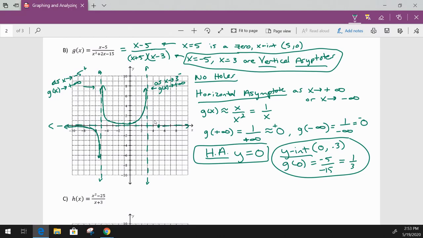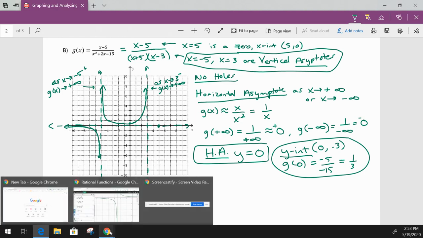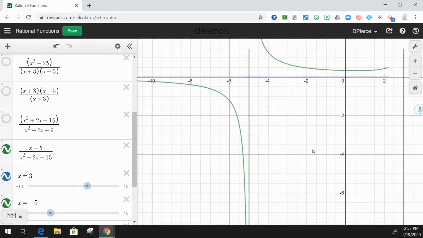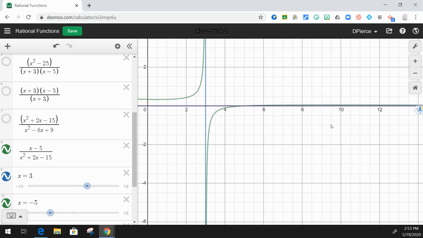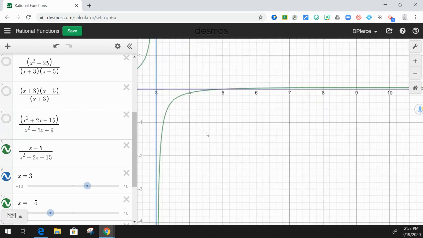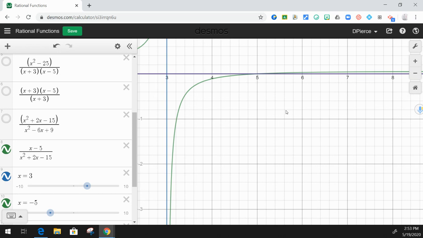Now your lines should not cross unless you have something special happening like we do on the other side. On the other side, we do have an x-intercept at 5. So let's take a closer look at that graph and see what's actually happening at 5. Normally this graph would continue running along that purple line of y equals 0, but it would stay below it.